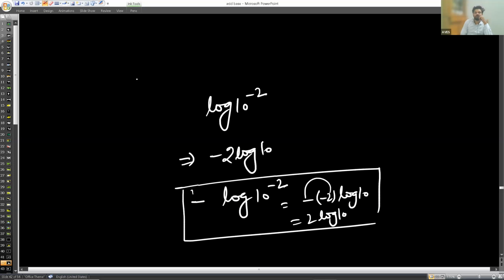Sir, what is the value of the log though? We are talking about this 2 into log 10, so it will have its value.